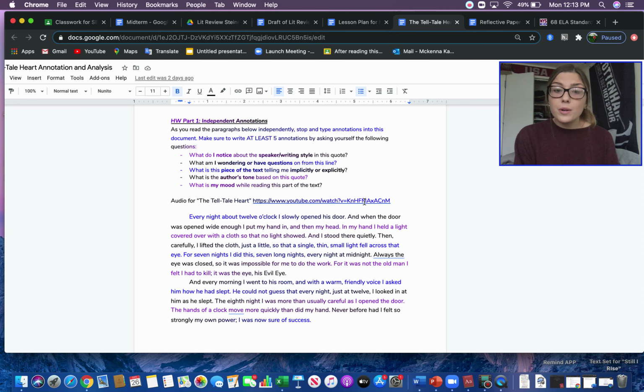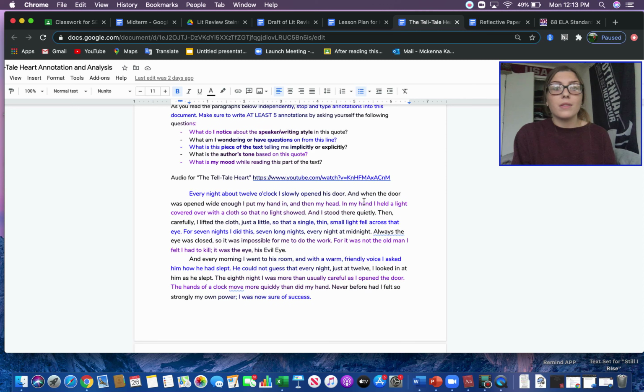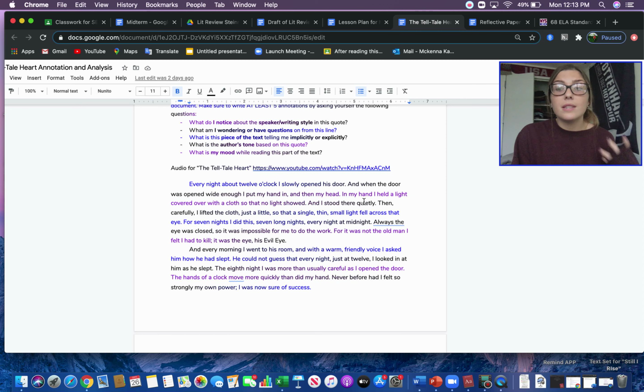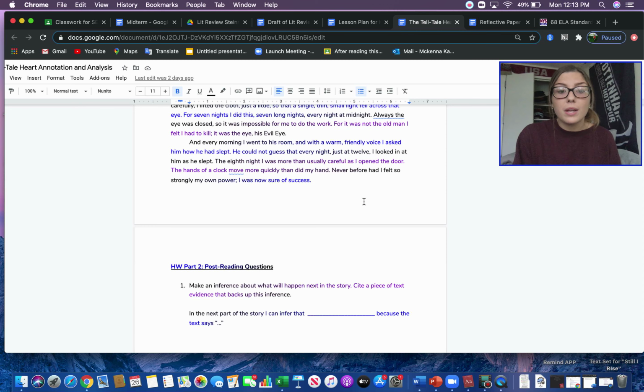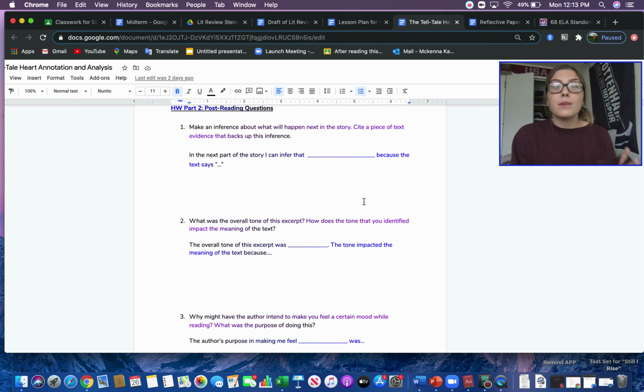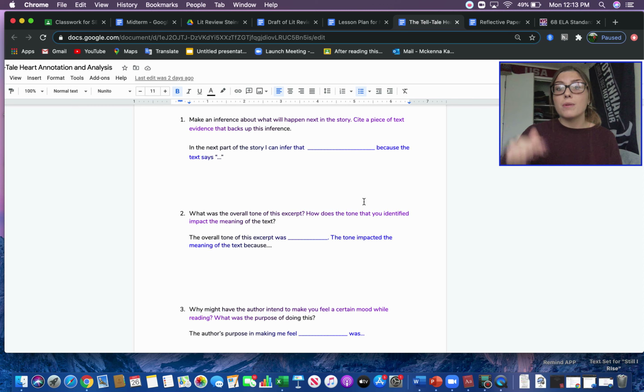There is an audio book version if they would rather have someone read it to them. But in general, this is where they're practicing the thinking work that I keep mentioning. Lastly, for the assessment piece, they'll answer these post-reading questions, which measure each specific objective that I have, so I have enough data on if they really understood it or not.